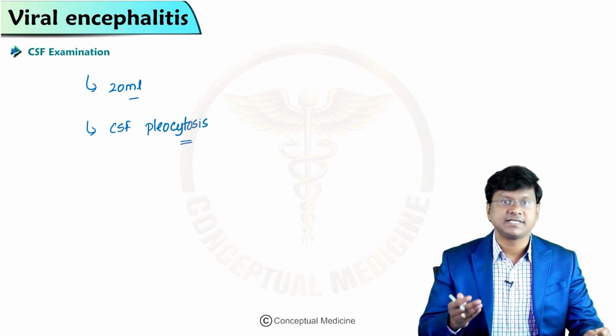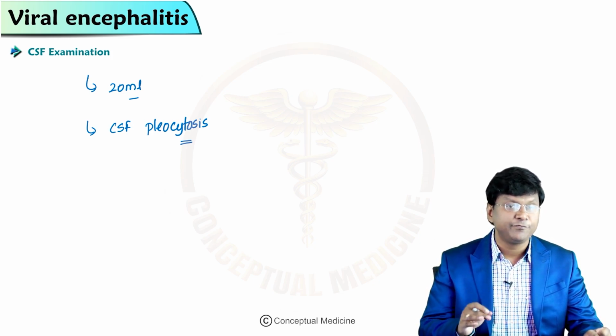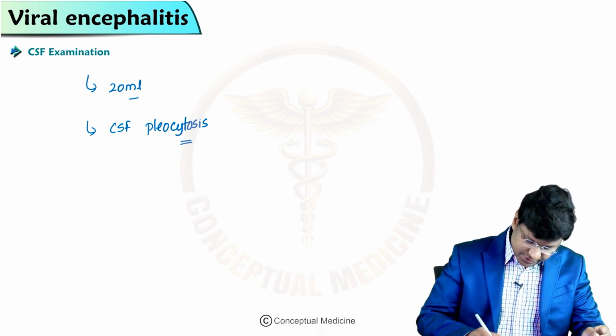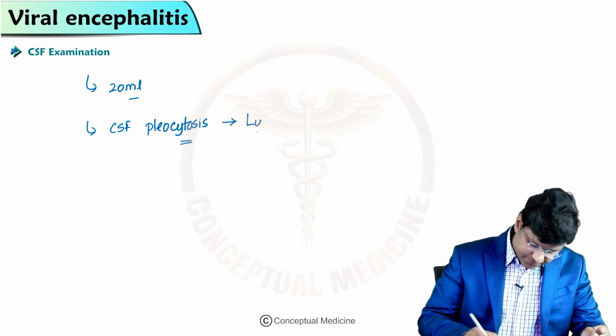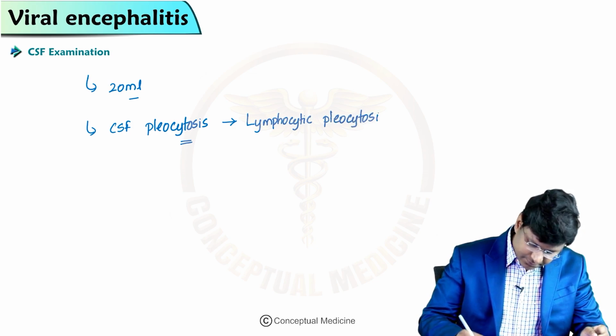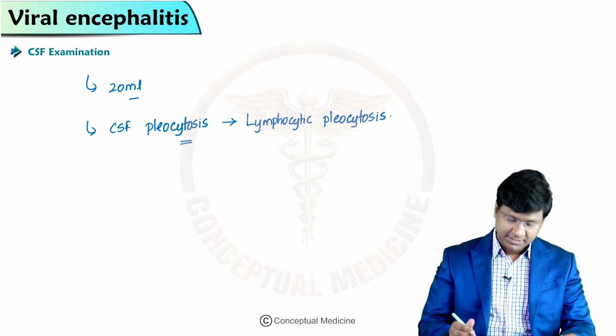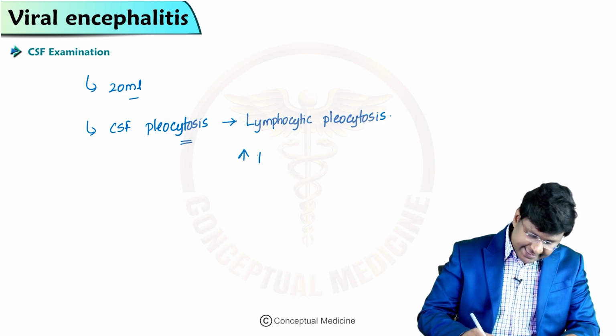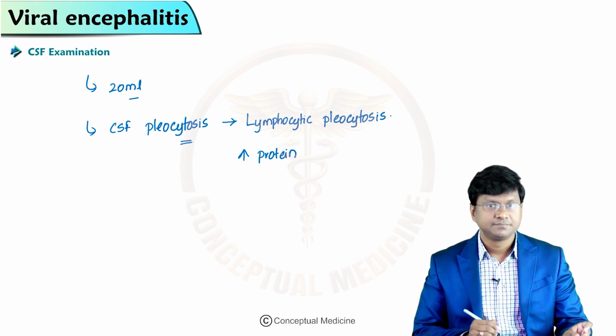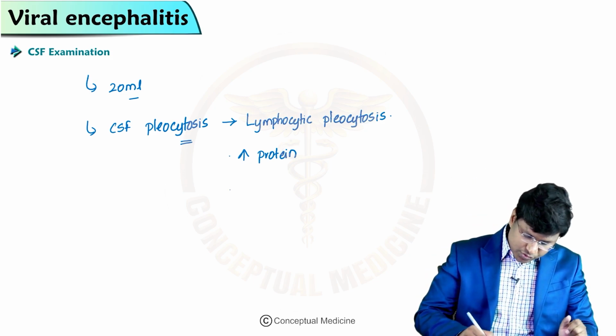And which particular cells are elevated? That is lymphocytic pleocytosis. Along with that there is mild elevation of protein as well, and the glucose will be normal.